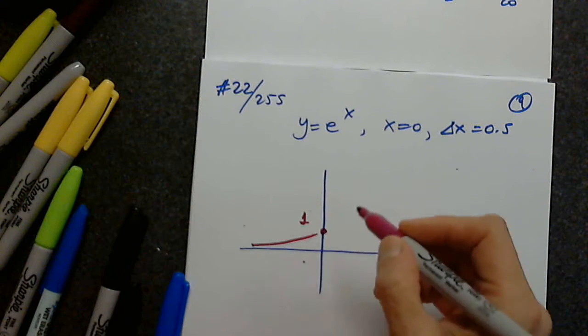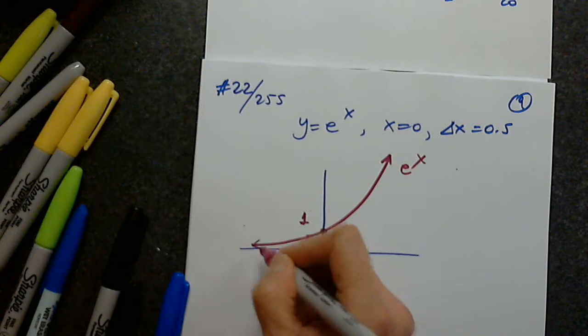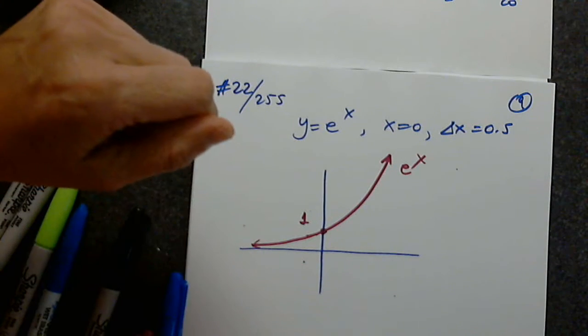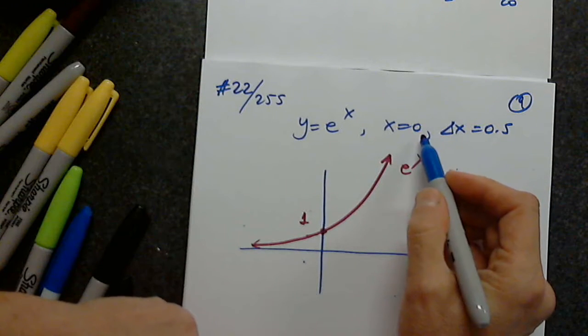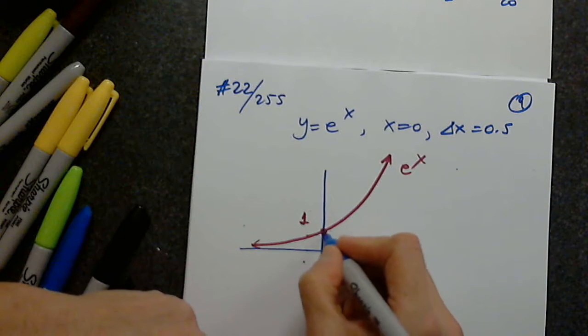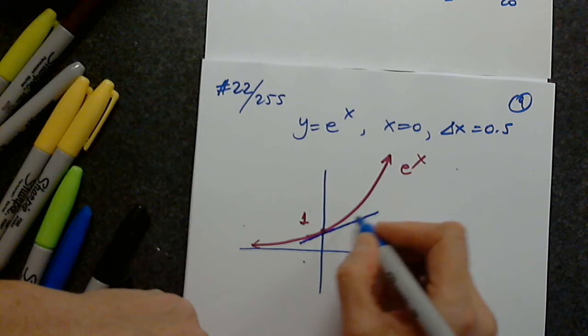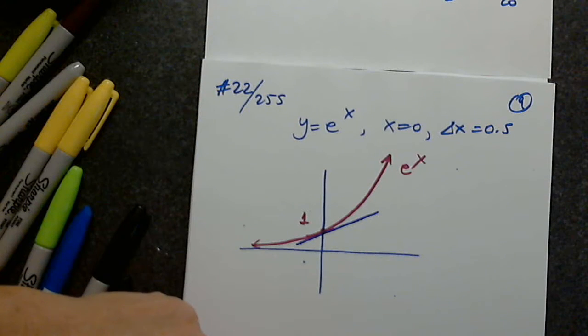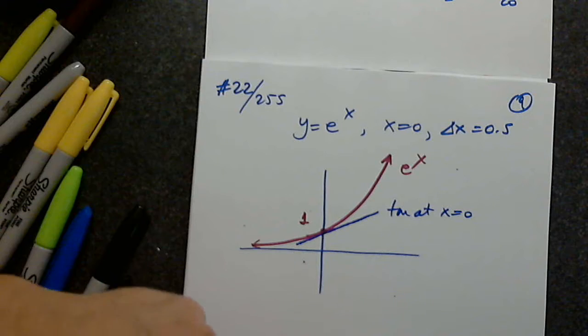It crosses at 0, 1. The point has x coordinate 0. So this is where I have to draw the tangent, the tangent at x equals 0.